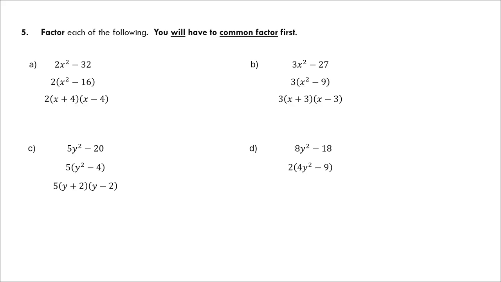The terms inside the brackets are perfect squares. The square root of 4y squared is 2y. The square root of 9 is 3. So using our difference of squares method, we get 2y plus 3, 2y minus 3, and remember to put our greatest common factor on the outside.